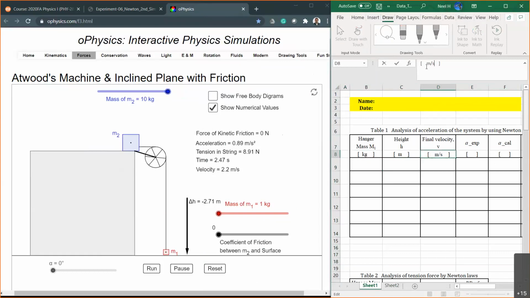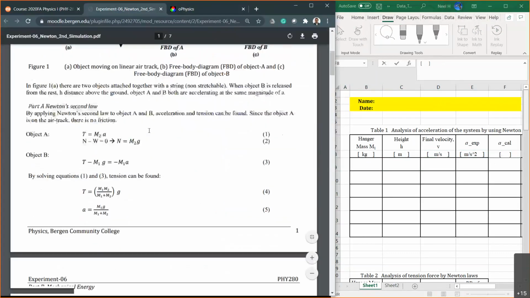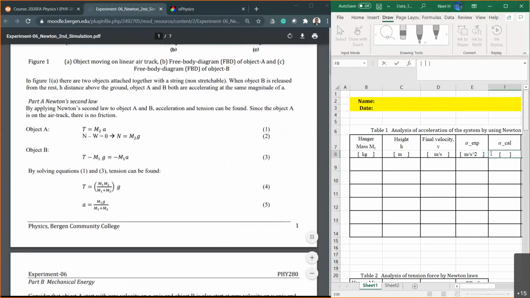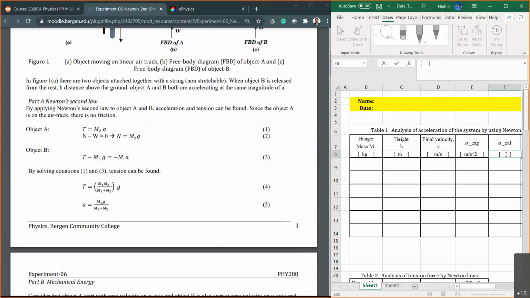So the meter per second, let's calculate and see what number we get, okay? And the acceleration from the experiment, meter per second squared. And we're going to calculate the acceleration using the mass values and the Newton's second law formula, equation number 5, meter per second squared.